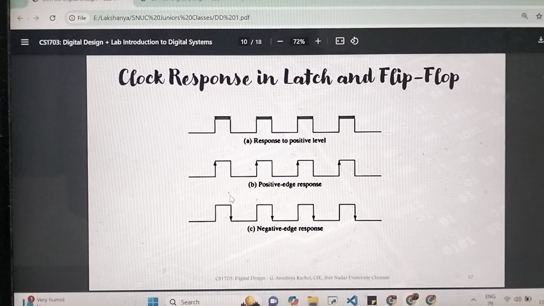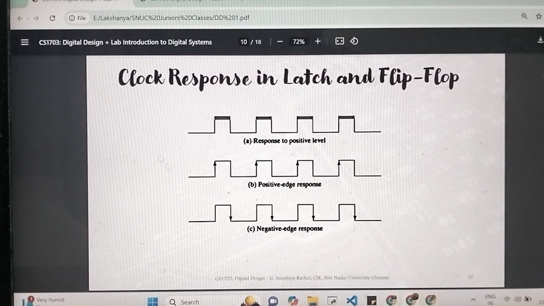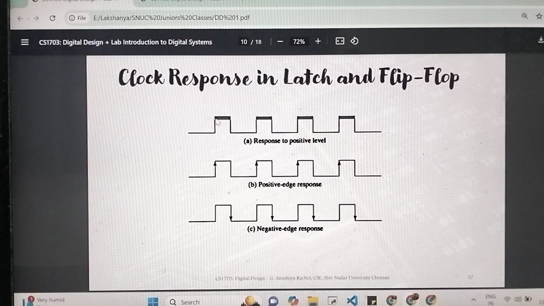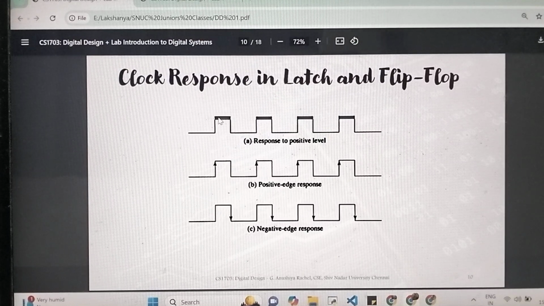That is the terminology. A latch is a level sensitive device, meaning whenever the clock is at a level, the state transition happens: either every time the clock is at 1, the current state to next state transition happens, or every time the clock is at 0, it would happen.